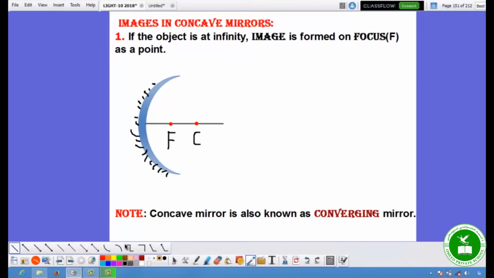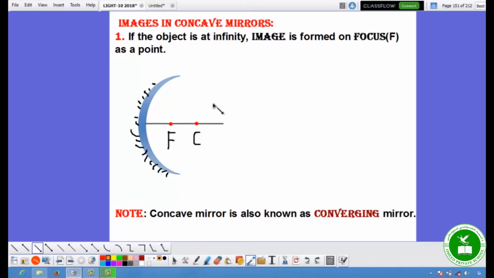If the object is at infinity, then we said the image will be formed as a point on focus. Here we use special rays for image formation. What was one of the special rays?